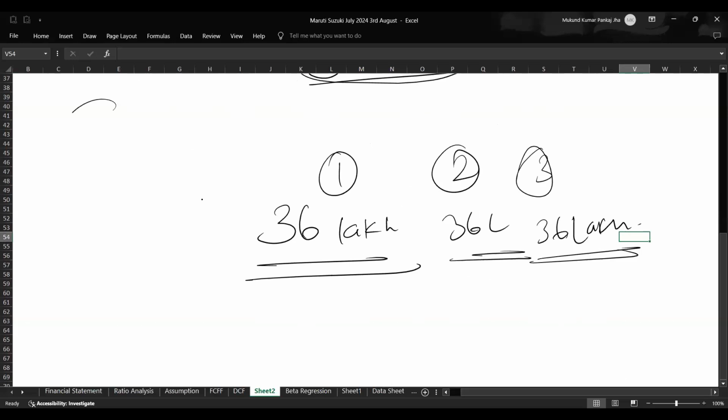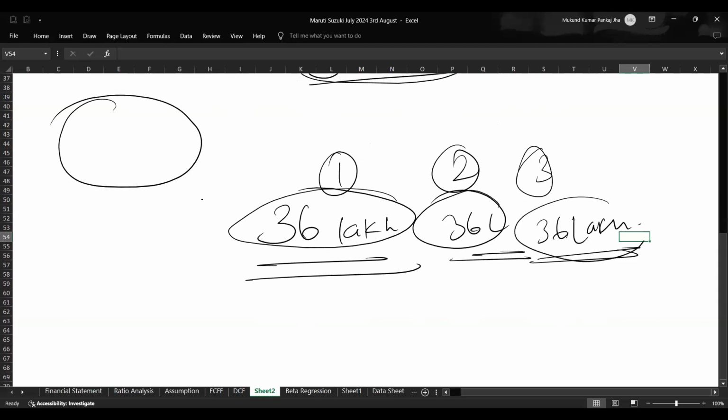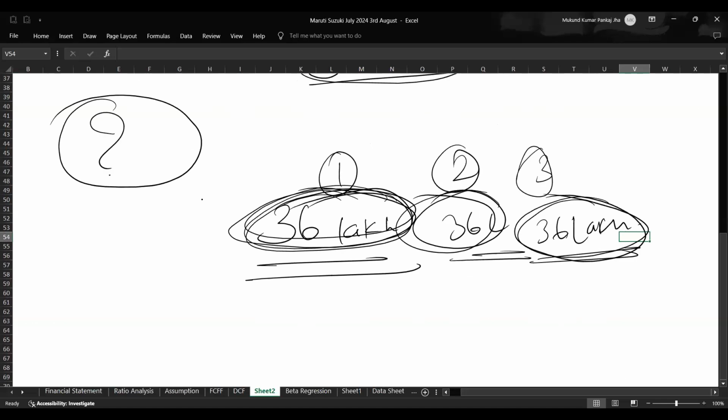What amount should he invest today so that he is able to generate 36 lakh of return, only the return component of 36 lakh every year? What is the amount that he should invest today? How are you going to calculate it? Yes, GA, you are correct. Fire strategy.